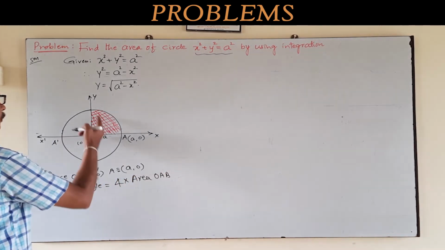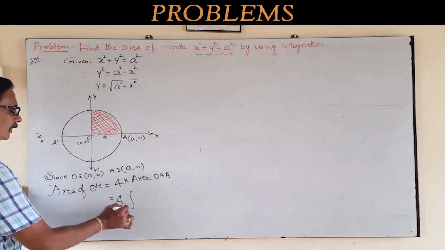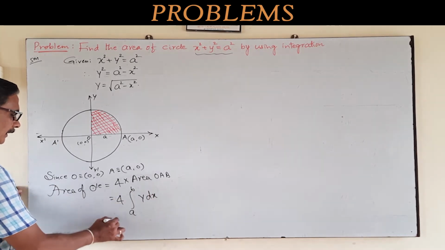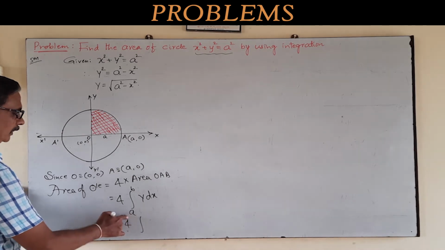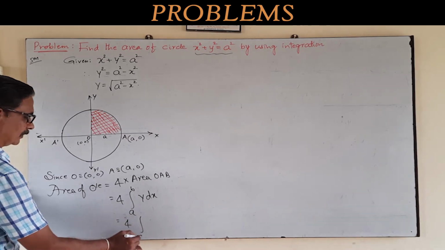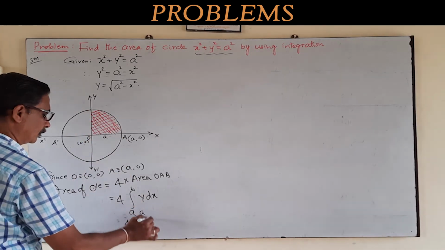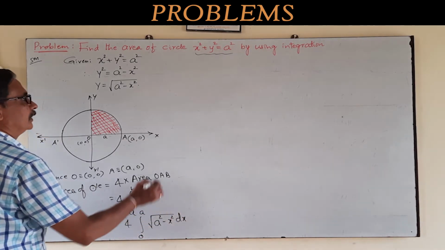Now to find the complete area of the circle, remember area of circle is equal to 4 times area OAB, because there are 4 parts. That equals 4 times, by the area formula, integral from a to b of y dx, that is 4 into integral from lower limit 0 to upper limit a, y value is under root of a square minus x square with respect to x.